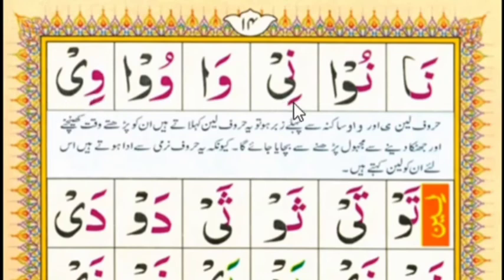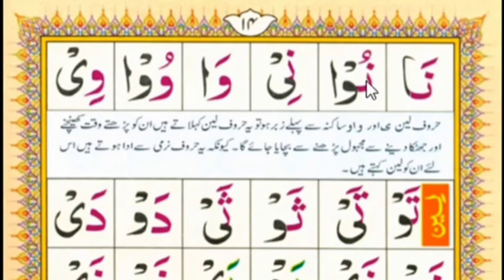The one thing you have to remember is that these three madda letters are equal to standing movements. Like if we say noon alif fatha na, or we say noon standing fatha na, both are equal.